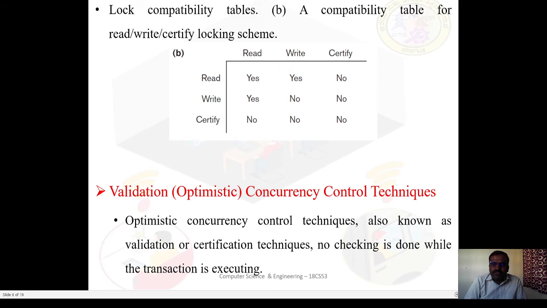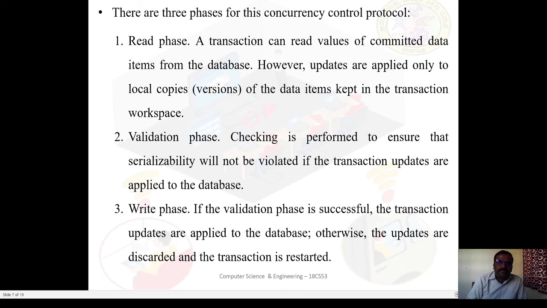At the end of transaction execution, a validation phase checks whether any of the transaction updates violate serializability. There are three phases for this concurrency control protocol: read phase, validation phase, and write phase.